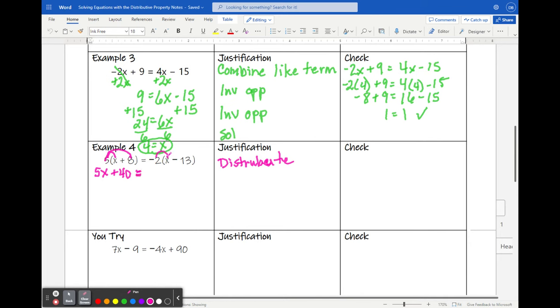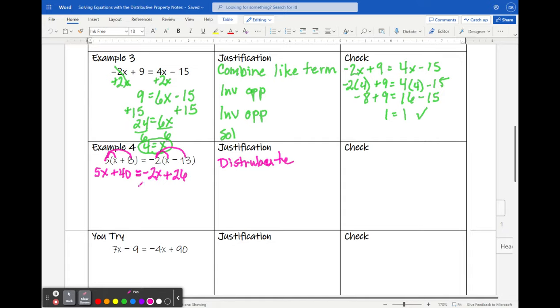Negative 2 times x would be negative 2x. Negative 2 times a negative 13 would be a positive 26, because a negative times a negative is positive.